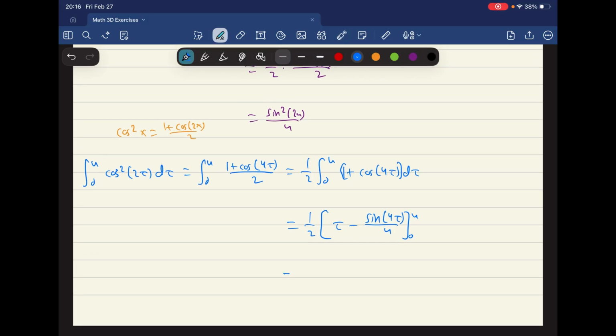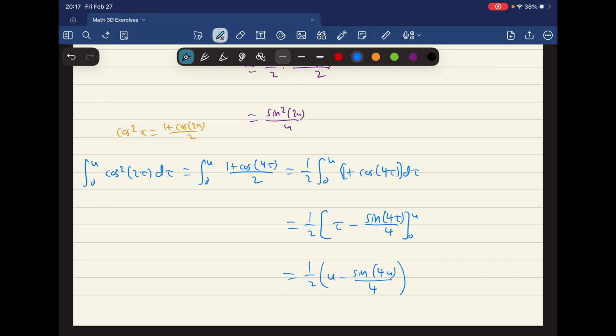So this is ultimately 1/2 u minus sine of 4u over 4. And let me make my 4's look a bit more like 4's. There we go.